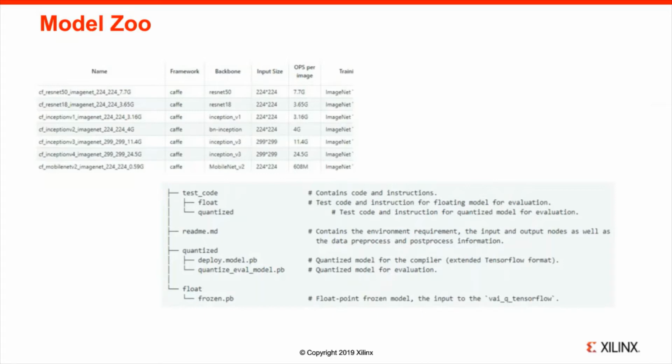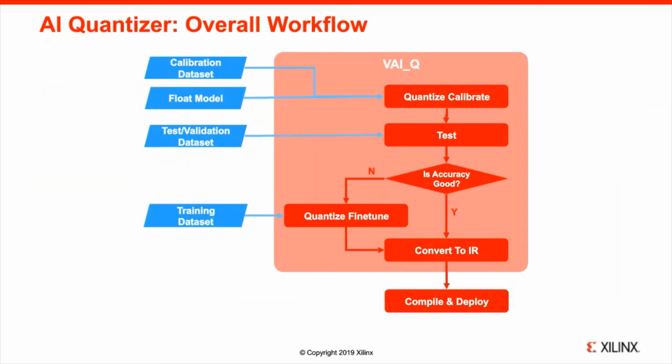No matter whether you choose models from our model zoo or use your own customized model, quantization is compulsory, as the DPU only supports 8-bit computation. The AI quantizer here will convert the model from floating point 32 bits to integer 8 bits.